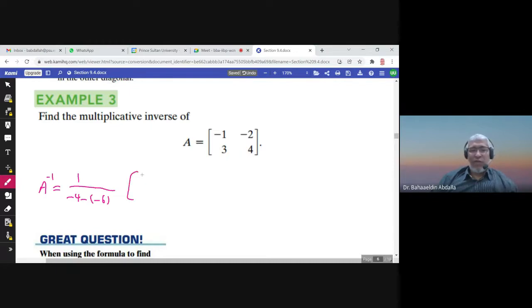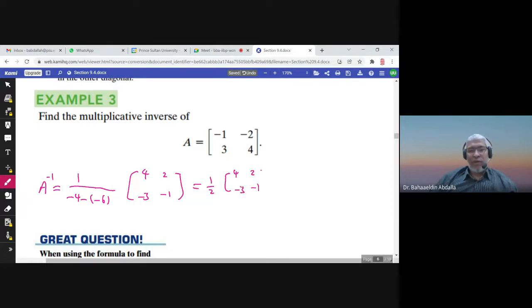Negative 1 and 4, change, reverse. Negative 2, 3, keep, but change the signs, or negate. Now, negative 4 minus negative 6 is negative 4 plus 6, which is 2. So this is 1 over 2 times this matrix.